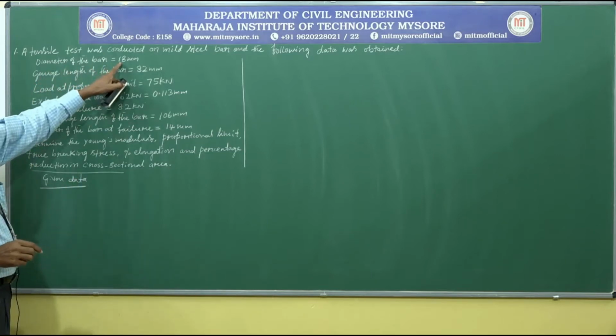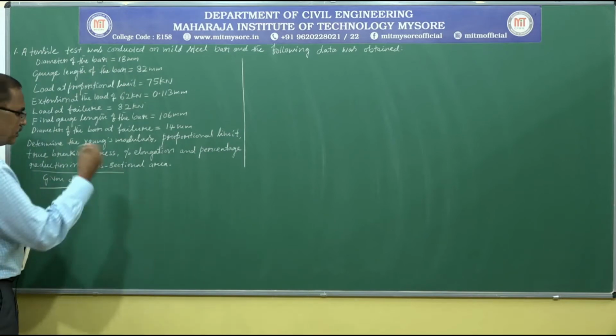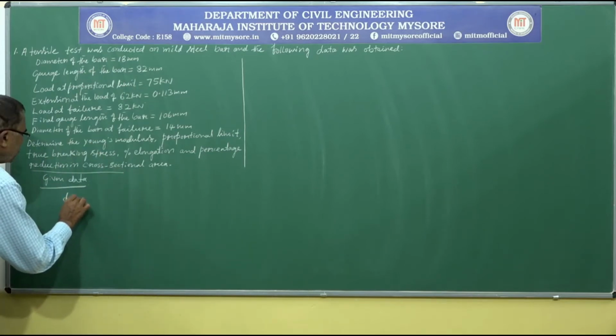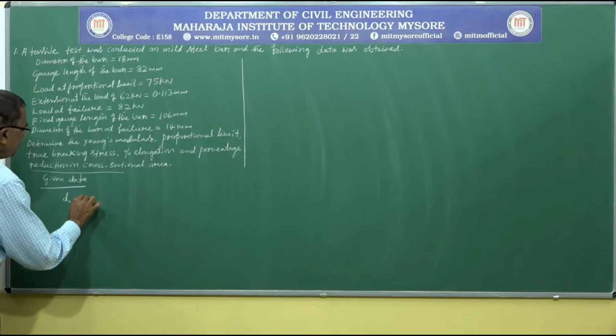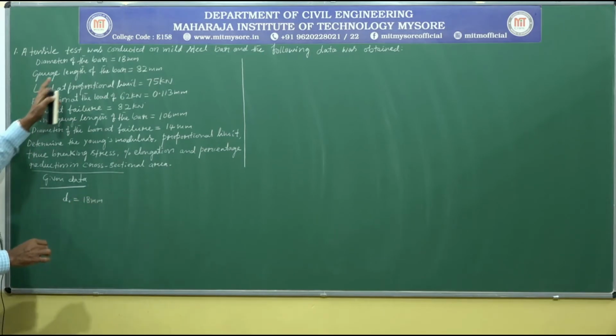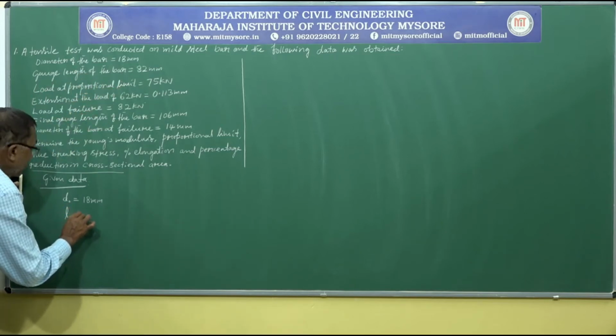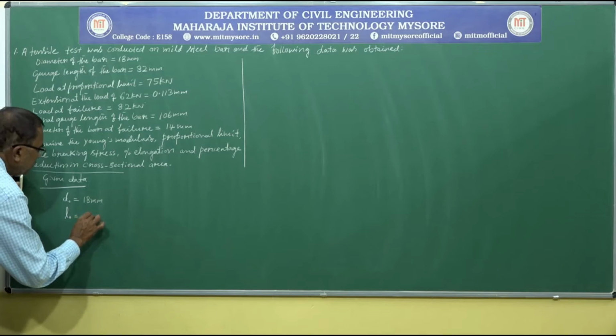Diameter of the bar, that is the original diameter, let us designate it as D0. D0 is equal to 18 millimeter. Next, gauge length of the bar, L0 is equal to 82 millimeter.